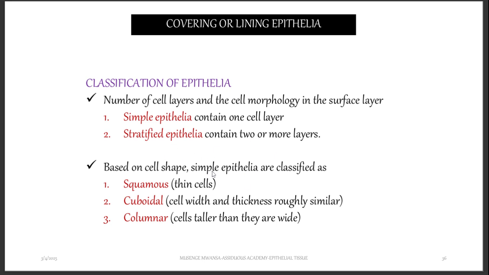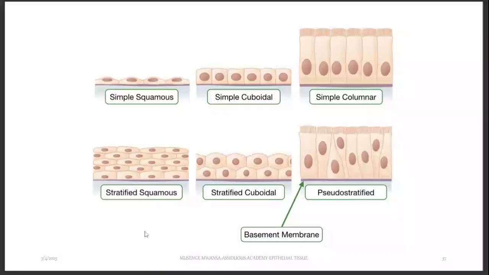When you look at the shape of the cell, if you have a flat cell, we call that squamous. If you have a cell that is equal in length and breadth, we call that a cuboidal epithelium. And if you have a cell that is taller than its width, we call that a columnar epithelium.